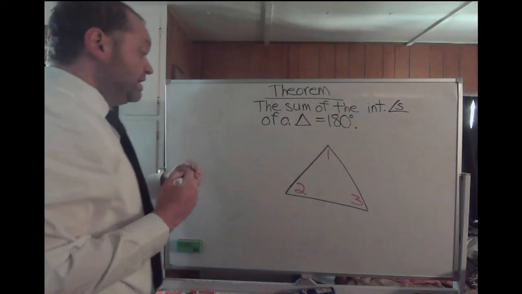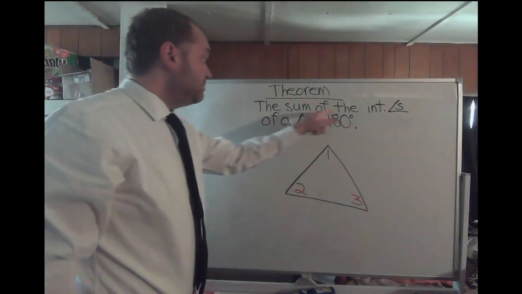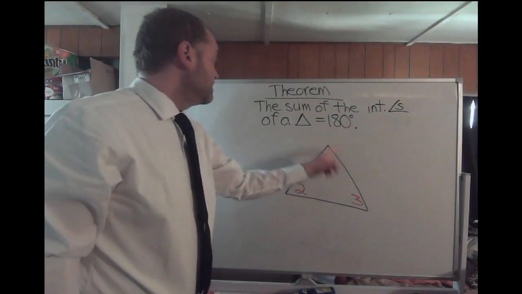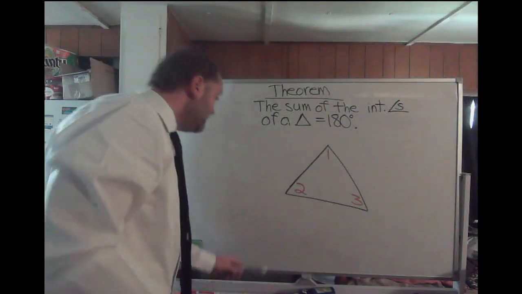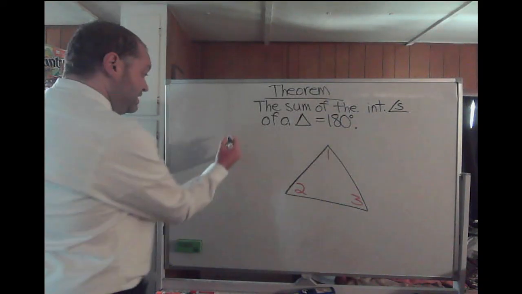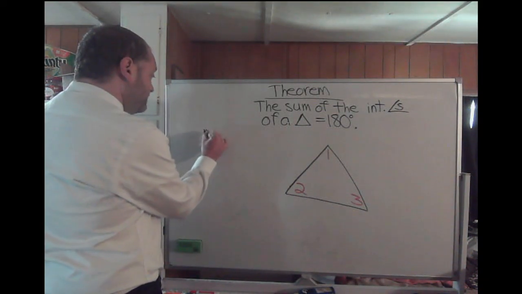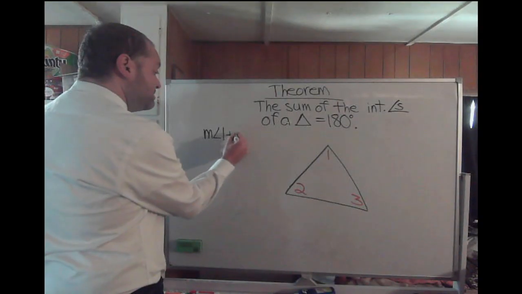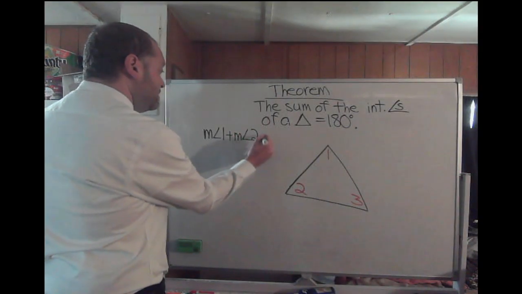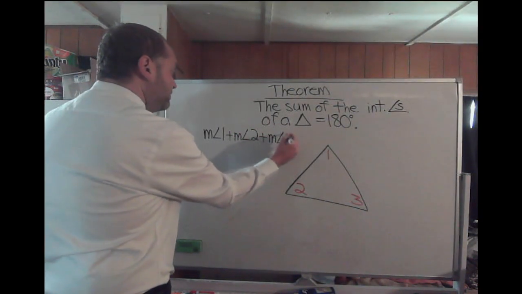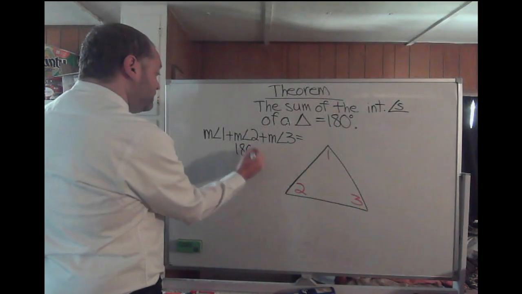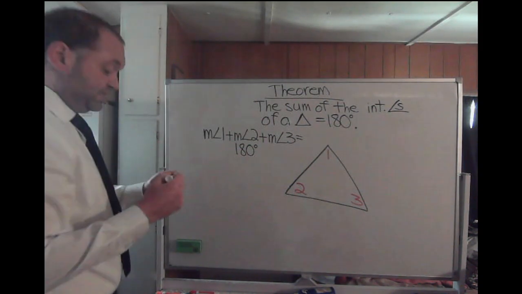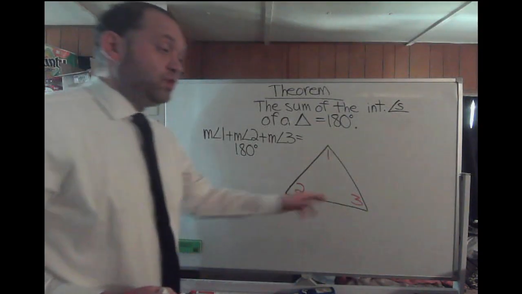So this theorem states that the sum of the interior angles of a triangle equals 180 degrees. In other words, if I take the measurement of angle 1 plus angle 2 plus angle 3, I add all three of those up, I'm going to get 180 degrees for the sum of my interior angles for a triangle.